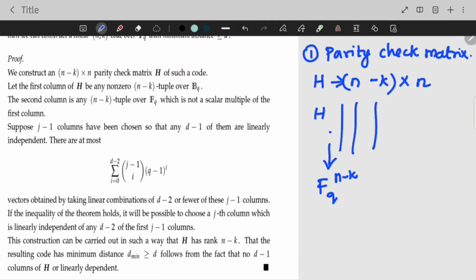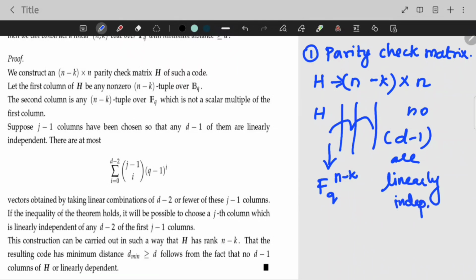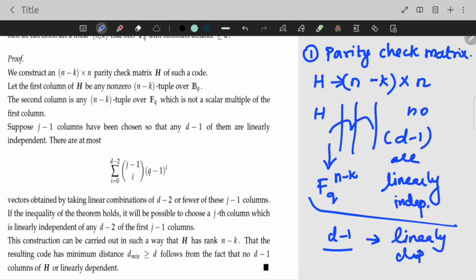We choose them one by one, ensuring that no d minus 1 columns are linearly dependent. But this construction of the parity check matrix is hard since there are many bad combinations. That is, if d minus 1 columns are linearly dependent, then the code could have distance less than d.